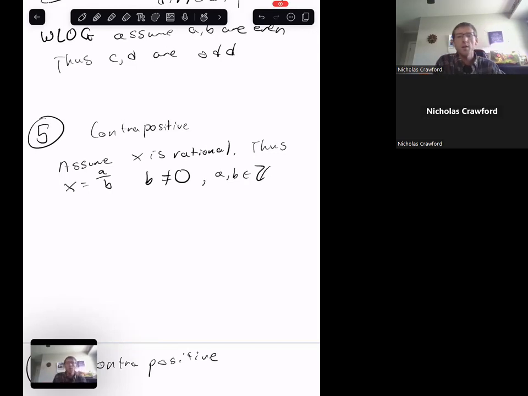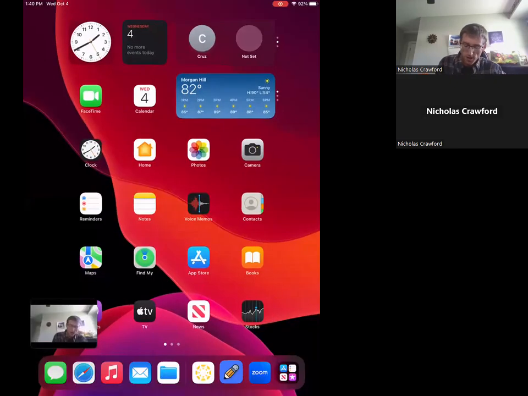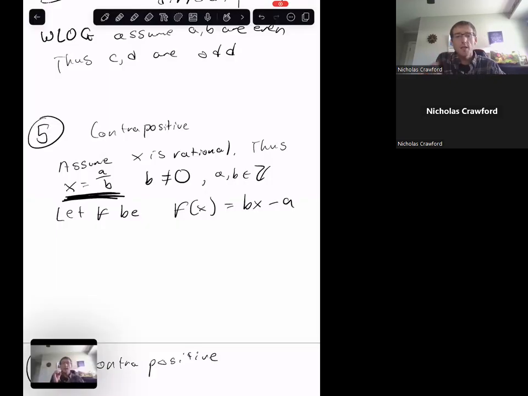That's the important thing there. Okay, so let f be f of x equals bx minus a. Remember, I'm trying to show it's not transcendental, which means when I plug this number in, I want to get out 0, right?